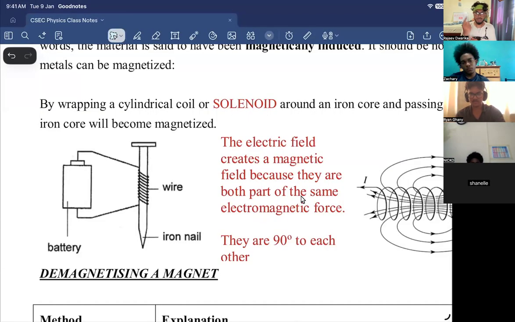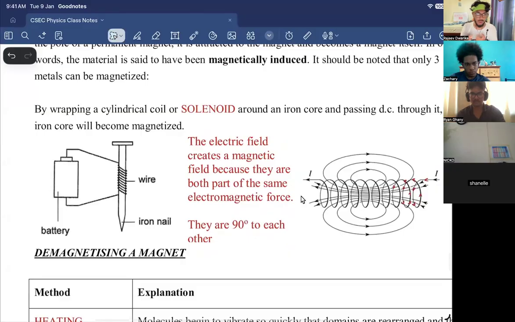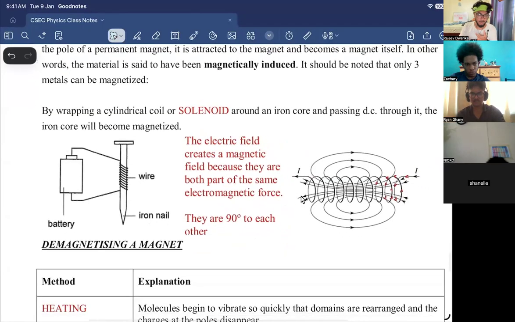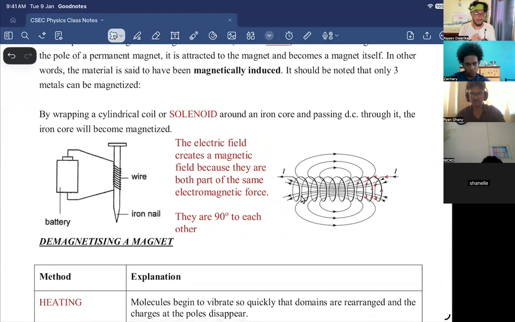Exactly, because now you have a bunch of magnetic fields in close proximity to each other, and it's being channeled by the ferromagnetic material, which is the iron nail. The iron nail is actually going to become magnetized. So by wrapping a cylindrical coil or solenoid around an iron core and passing DC through it, the iron core will become magnetized.